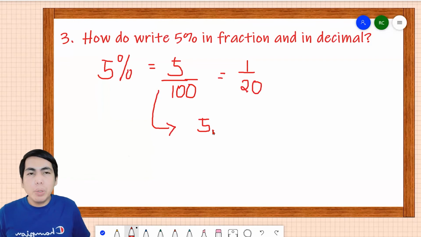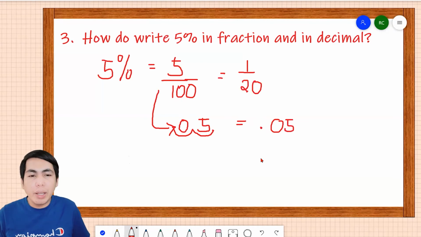So we have to move 2 decimal places to the left, 1, 2, and then we replace the empty space with 0. We have 1 empty space, so we replace it with 0 to give us 0.05. So 5% in decimal form is equivalent to 0.05.